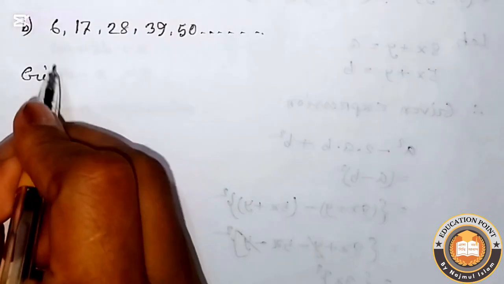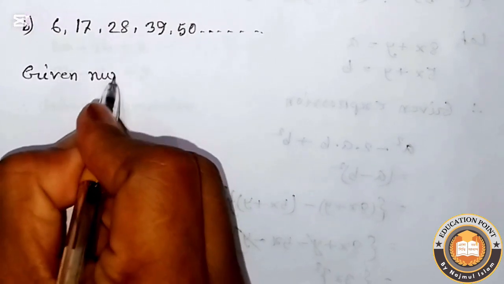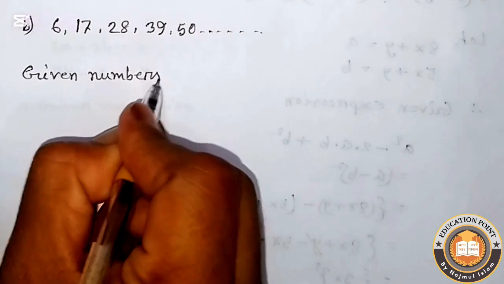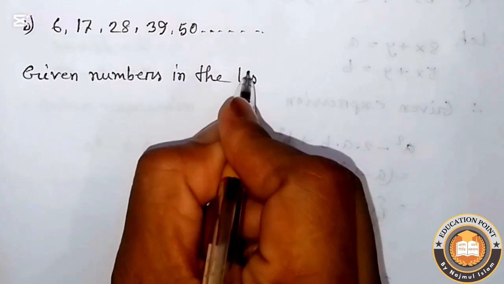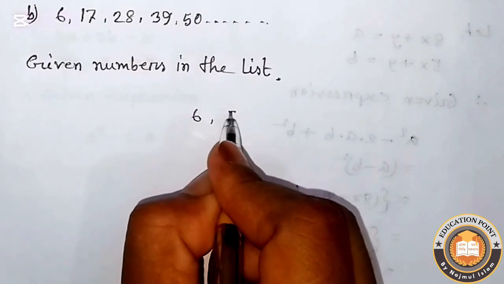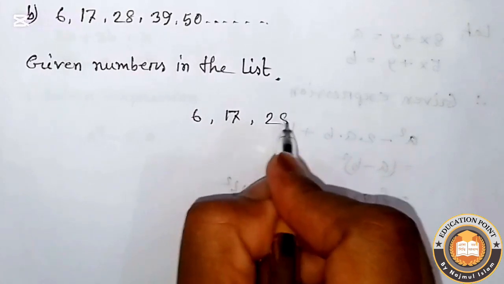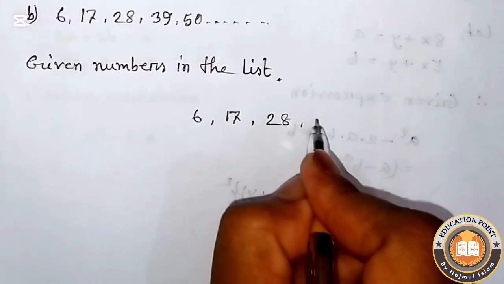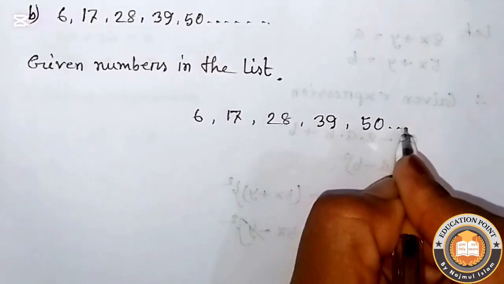Number B, given numbers in the list: 6, 17, 28, 39, 50.